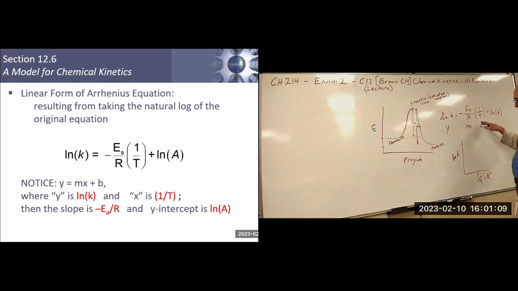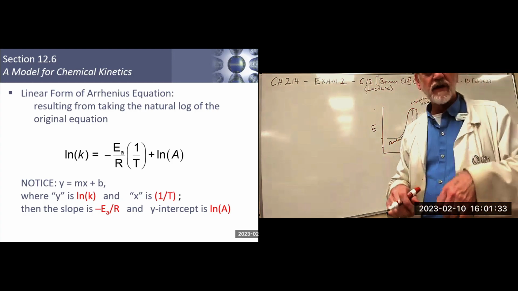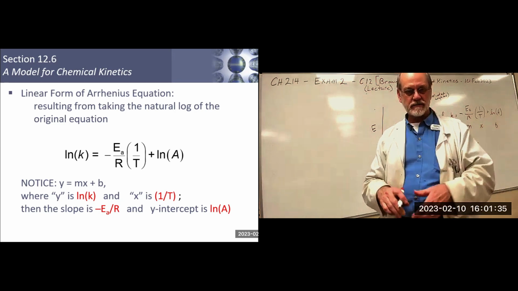And you plot those, then you get a negative slope, and that slope is negative E sub A over R. We know what R is. So once you've got the slope of the line, you can solve for the activation energy and determine what the activation energy is for that reaction.